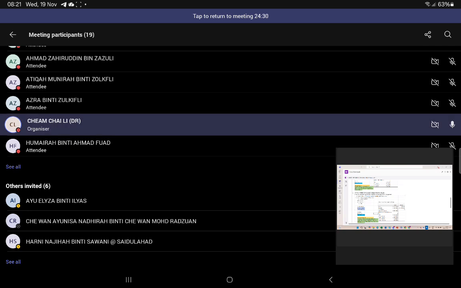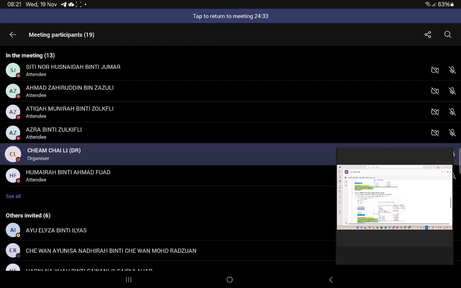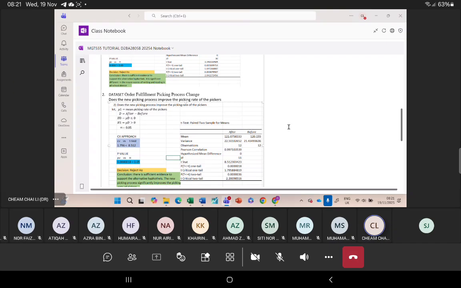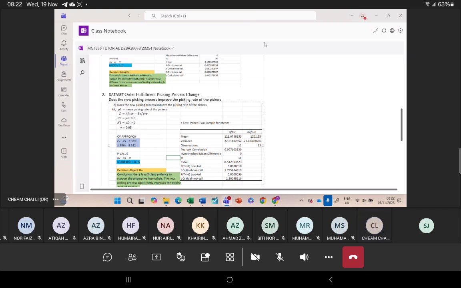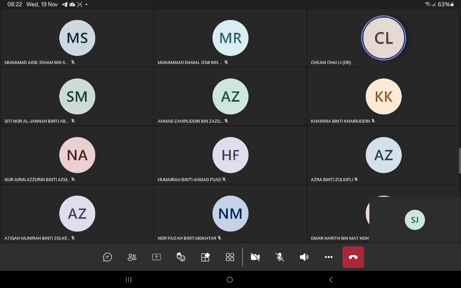Okay, does the new picking process improve the picking rate of the pickers? Yeah, maybe I have to look at the data first. So we check Ideal's answer. One moment, please. I need to get the data.